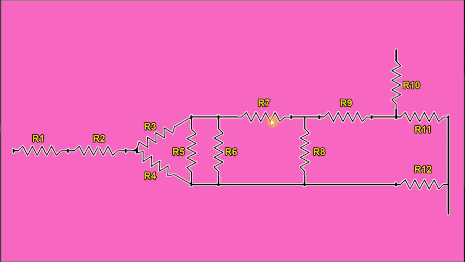Here R7, R8 and R9 also comes to a common point. So to understand what are these type of connections and to simplify this type of connections, we will study one by one.